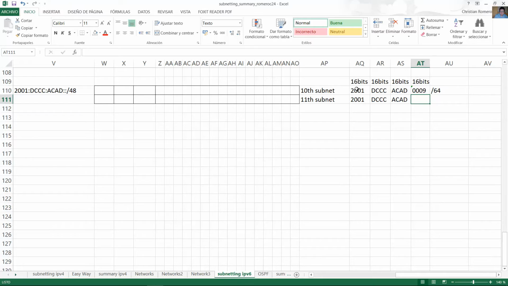So the next to the 9 is 10, but 10 in hexadecimal is A. So this is the 11th subnet, 64 subnet. Ready. Now you have both subnets, 9 and A.